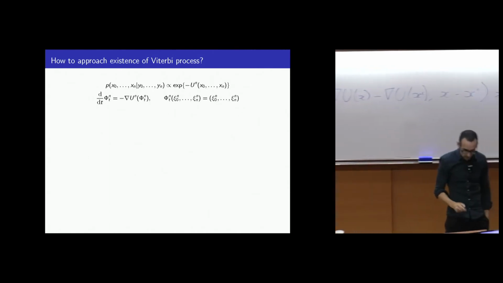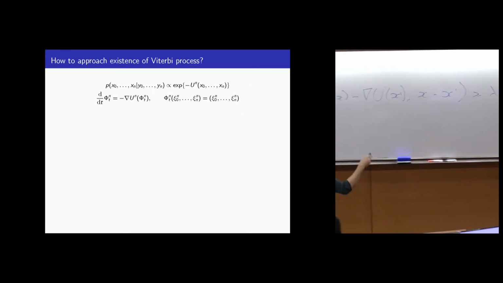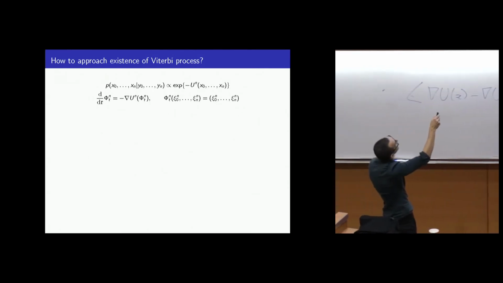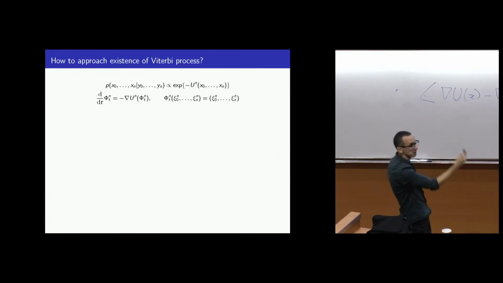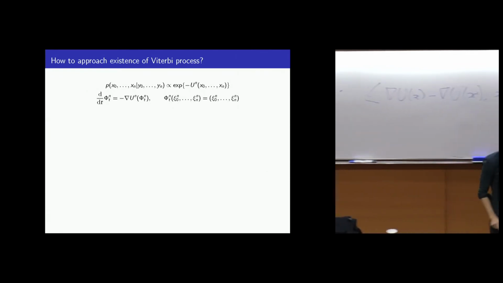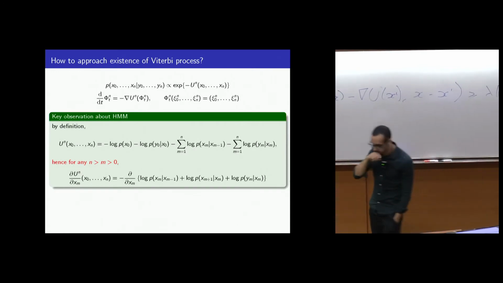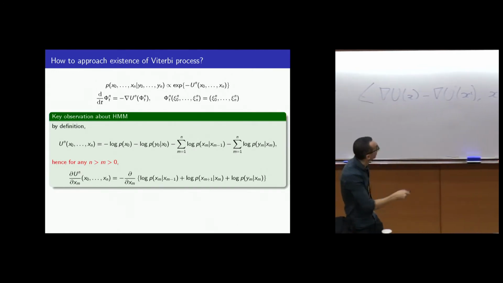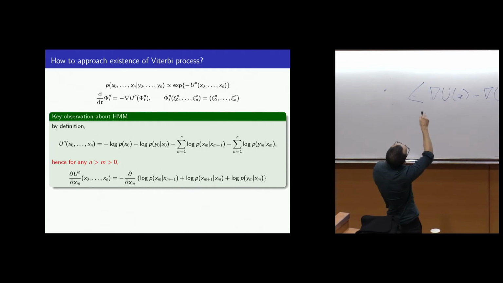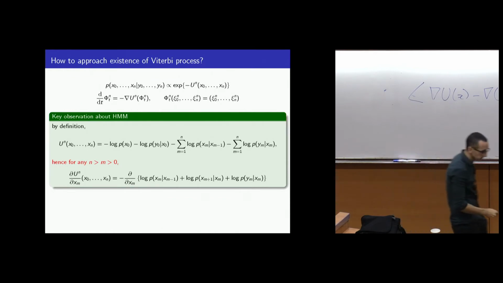Okay, and then, well, what we would expect is that the MAP estimate, of course, should be a fixed point of that ODE. Okay. So then we make this observation about the HMM. This is just the definition of U. The thing that appears up there, right, is additive. And you see the Markov nature of the HMM.